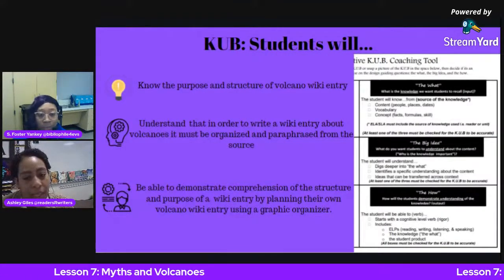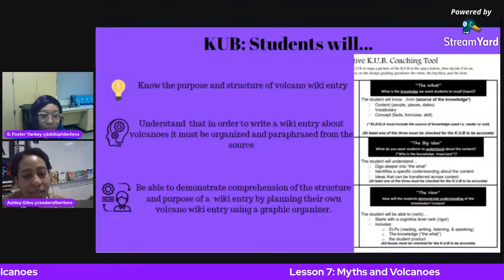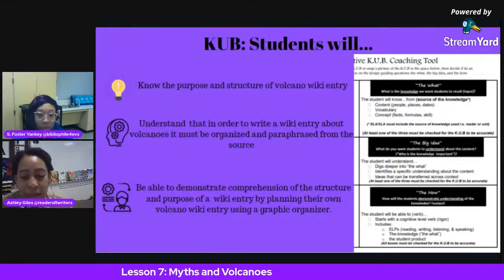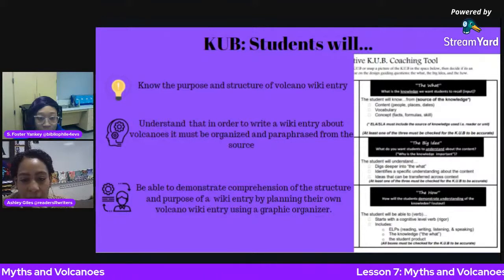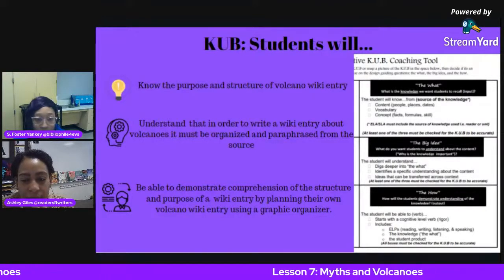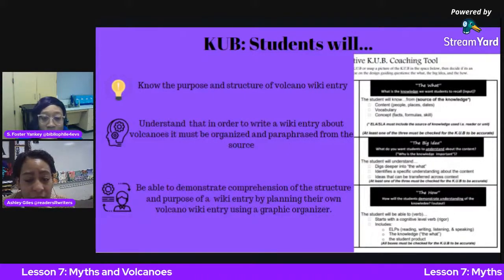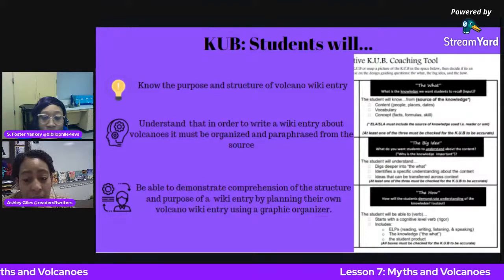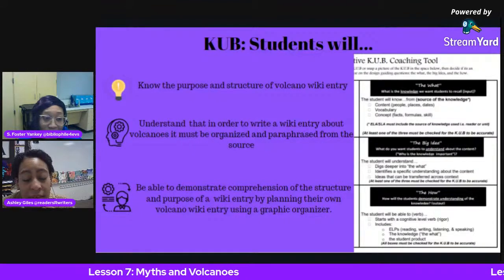My only thought is because paraphrase is in the understand, maybe there's somewhere in the be able to that it should go as well. Absolutely. So where would we put that? Let's see, be able to demonstrate comprehension of the structure and purpose of a wiki entry by planning their own volcano wiki entry by using information, I don't know, using paraphrased notes on a graphic organizer.